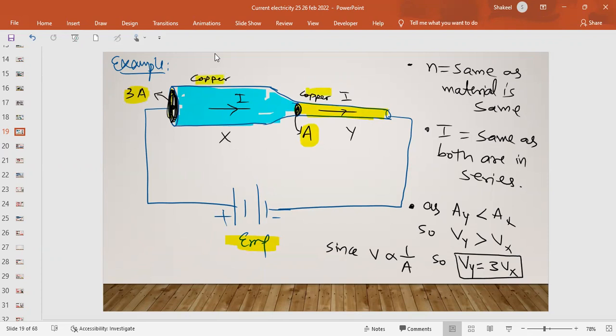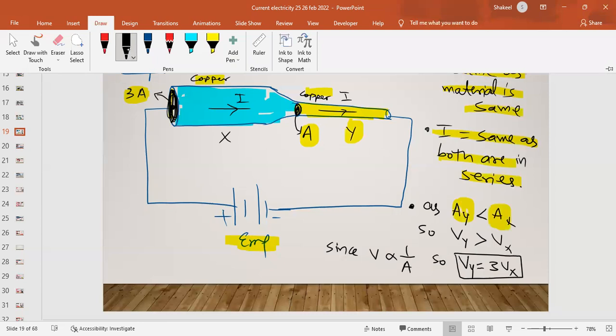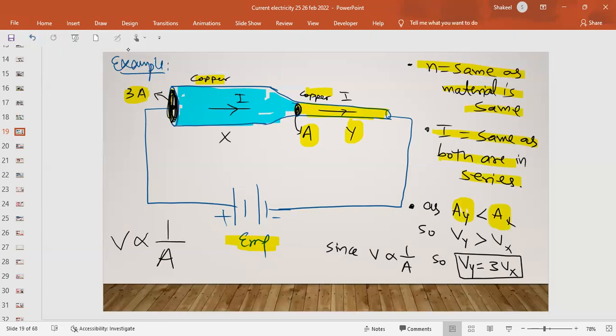अब चूंकि ये दोनों सीरीज में लगे हुए हैं और ये जो कि दोनों कॉपर हैं, कॉपर एंड कॉपर, तो इसका मतलब है उनके एन की वैल्यू सेम होगी, बिकॉज एन डिपेंड्स अपॉन मटेरियल। फिर आई भी सेम होगा क्योंकि बोथ आर कनेक्टेड इन सीरीज। अब हमने ये देखना है कि किस में ड्रिफ्ट स्पीड ज्यादा होगी और कितनी होगी। तो चूंकि एरिया ऑफ वाई, सिलेंडर वाई इज लेस देन एरिया ऑफ एक्स, इसलिए अकॉर्डिंग टू द ड्रिफ्ट स्पीड एक्सप्रेशन जो हमने पीछे यूज किया था कि ड्रिफ्ट स्पीड इज इनवर्सली प्रोपोर्शनल टू एरिया, तो जिसका एरिया कम होगा उसके अंदर ड्रिफ्ट स्पीड फास्टर होगी। इसका मतलब है y के अंदर जो ड्रिफ्ट स्पीड है, क्योंकि उसका एरिया 3 टाइम्स कम है x से, इसलिए इसकी जो ड्रिफ्ट स्पीड है वो 3v होगी, और इधर इसकी जो स्पीड है वो सिंपल v होगी, राइट?